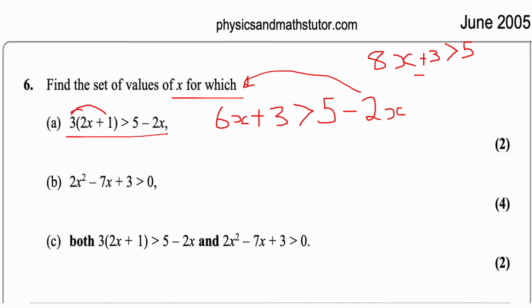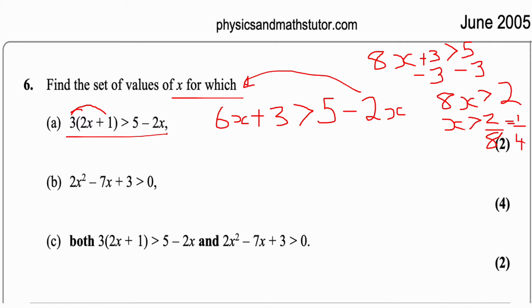Taking away 3 on both sides of my inequality to balance it, I get 8x is strictly greater than 2. Then dividing both sides by 8, we get that x is strictly greater than 2/8 or 1/4 or 0.25. Either answer is appropriate, as long as the sign is the correct way.